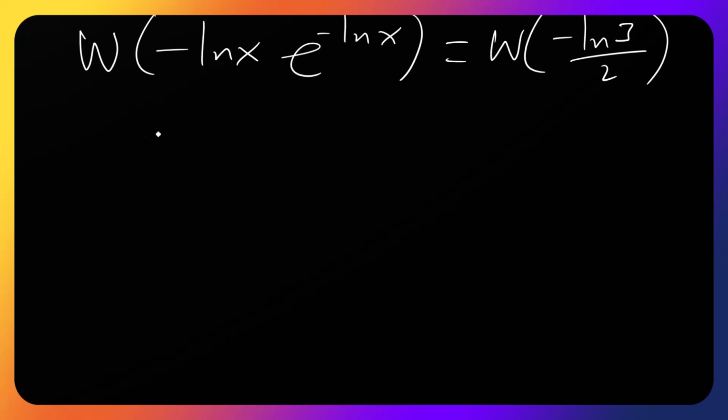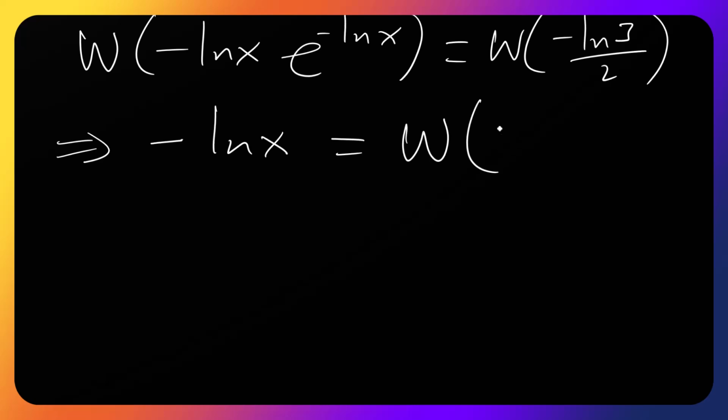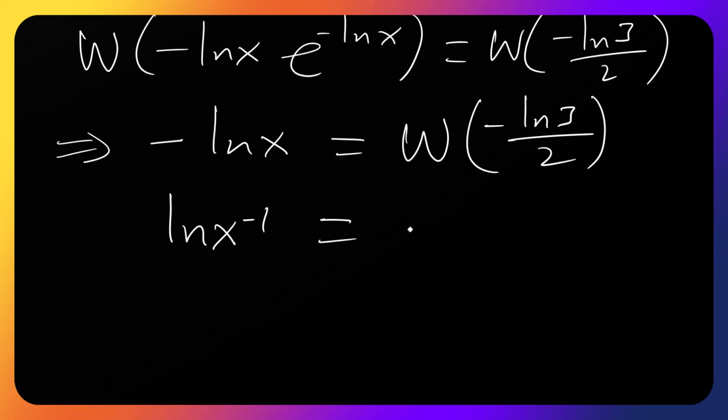Okay, so from here, my answer for the left hand side will be minus ln of x equals W function of that. Simple as that. Now remember, this one is the same as ln of x to the power minus 1. So this one is a power rule which will come behind. So this one is the same as this equals W function of minus ln of 3 on 2.